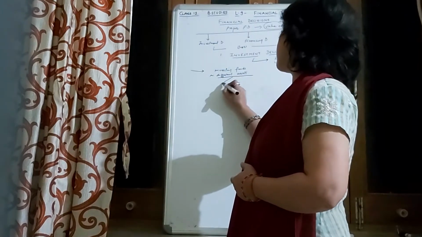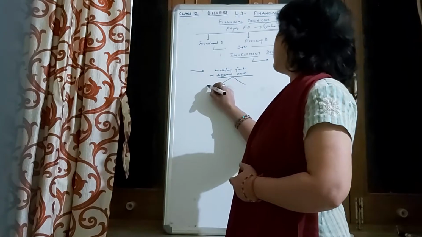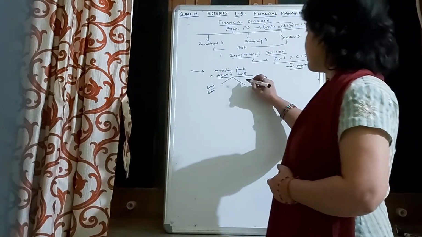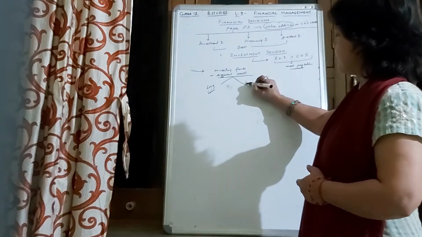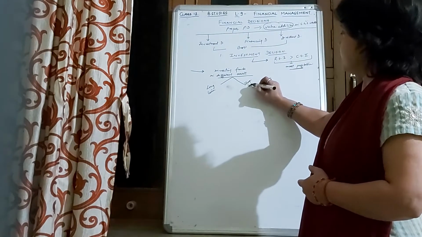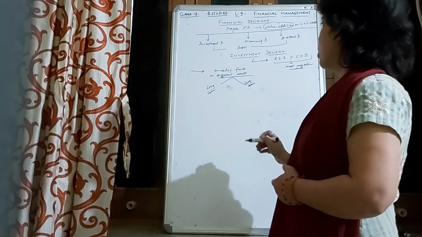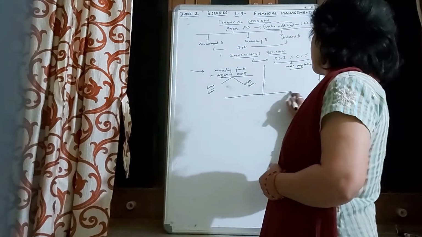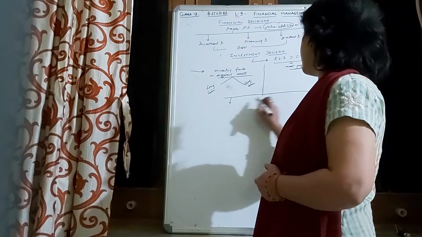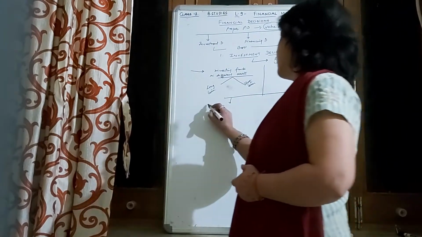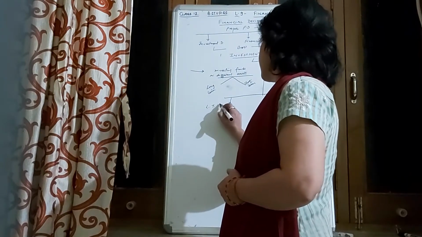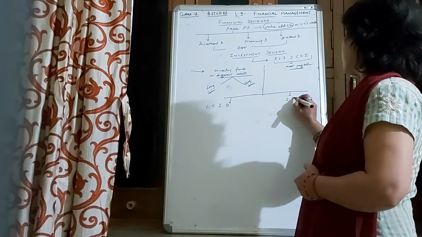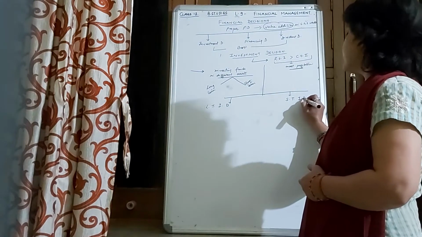And these assets may be long term assets and it may be also short term. That is why investment decisions are always of two types: long term investment decision and short term investment decision.